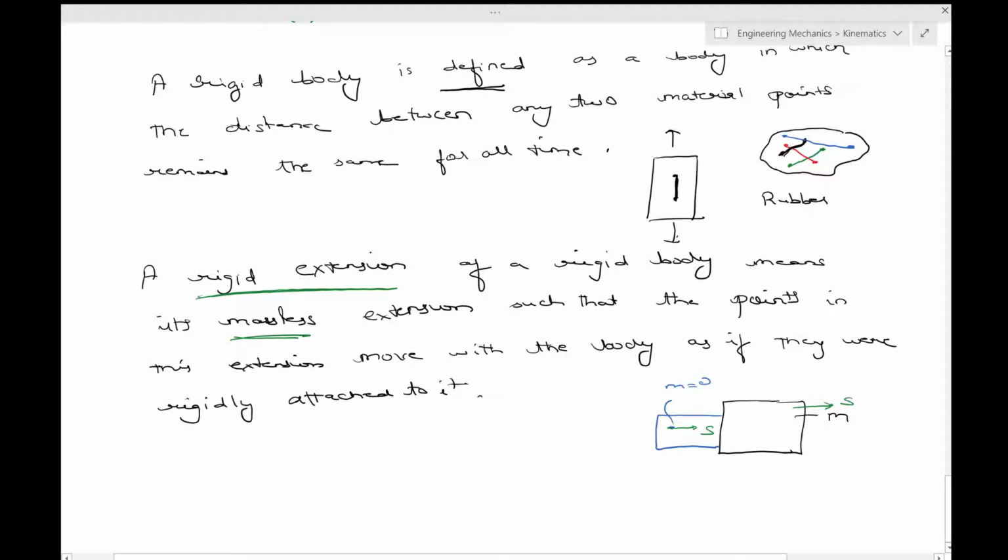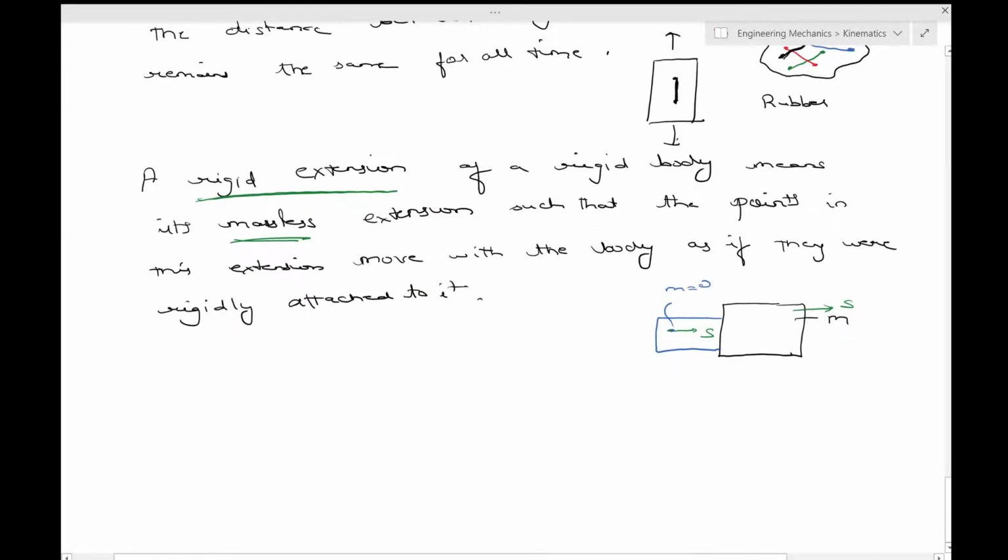So these are some of the defined entities. We had time, and then we have the reference frame, then we had a material body in which we defined a continuum hypothesis, then we had the rigid body, and it's not all. There are many other defined entities which we will be learning as we go along in this course.